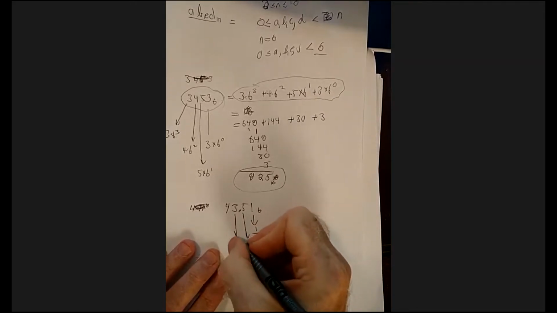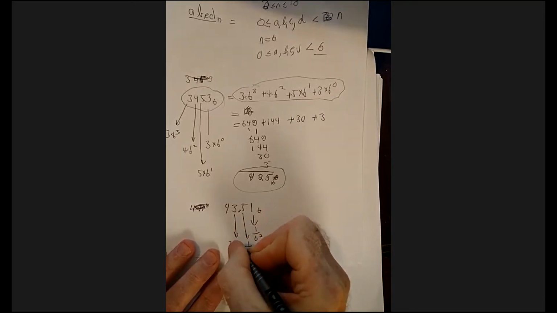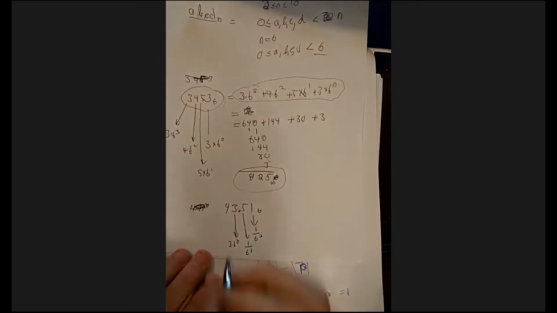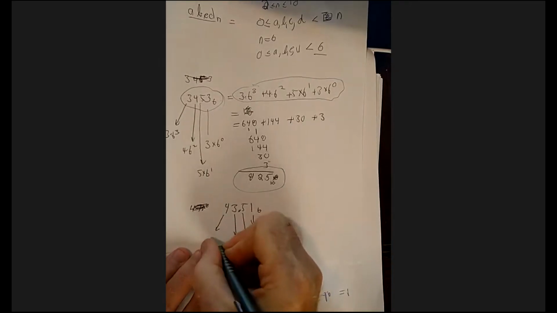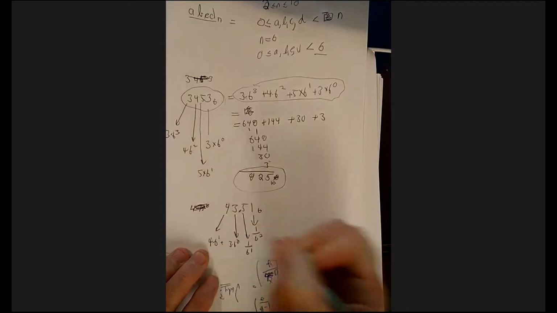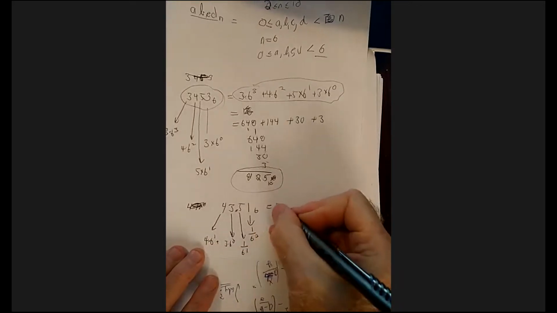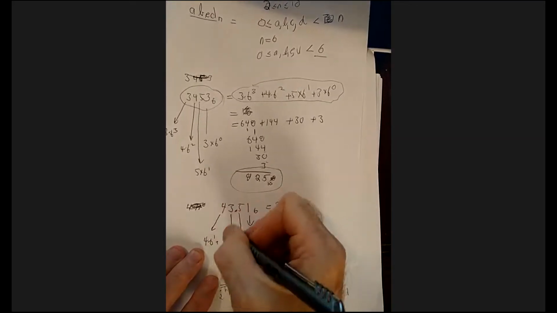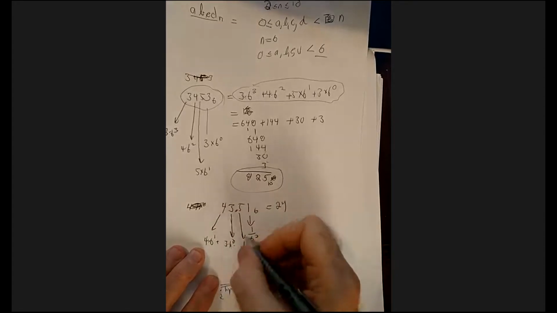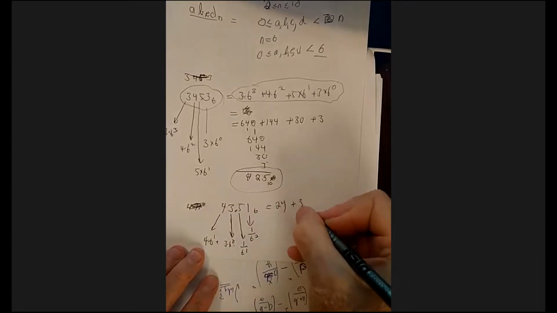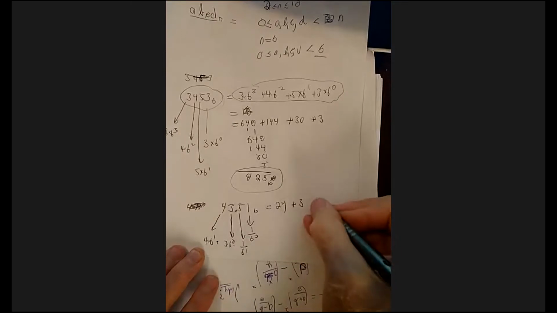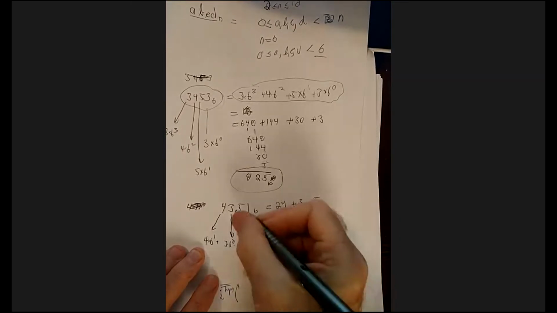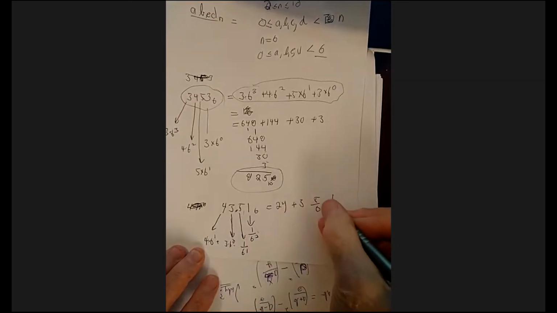This would be 3 times 6 to the 0, and the 4 would be 4 times 6 to the first. So again, 24 from here, 3 times 6 to the 0 would just be plain old 3, 5 over 6, and then 1 over 36, 1 over 6 squared.